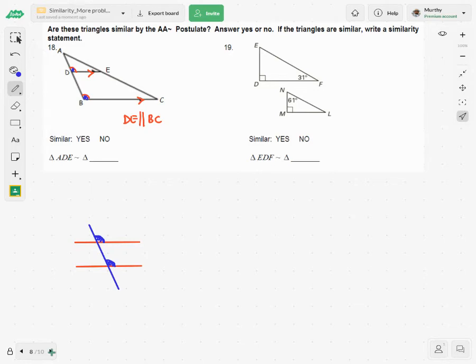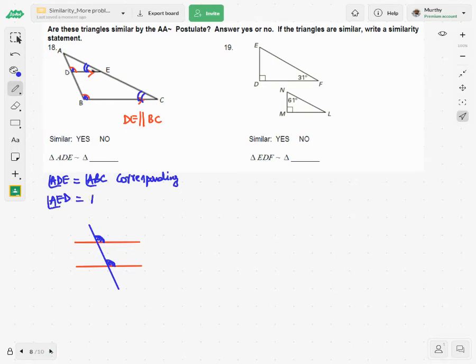Therefore, angle D, to be more specific, angle ADE is equal to angle ABC. The reason is corresponding angles are equal. And next, in the same way, I can take angle AED and angle ACB.